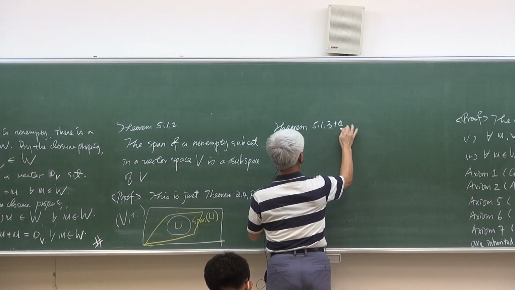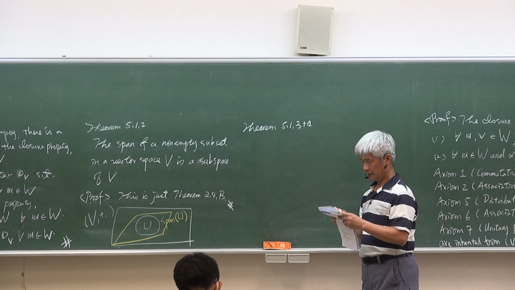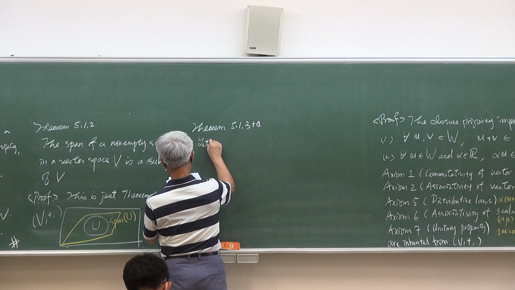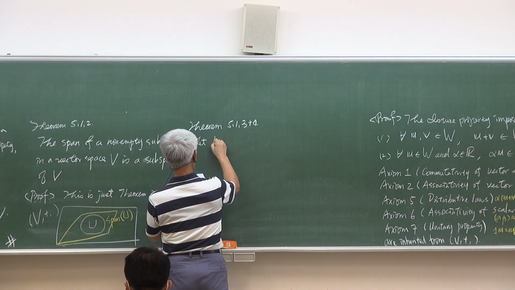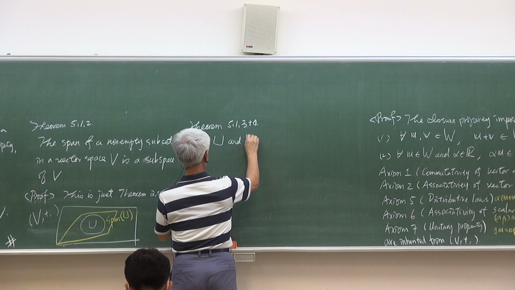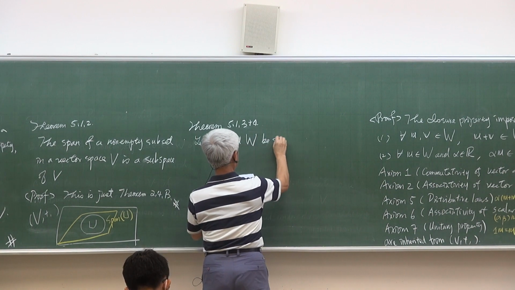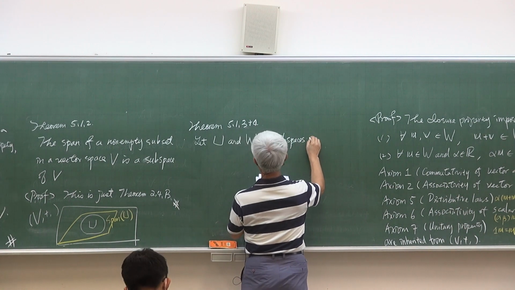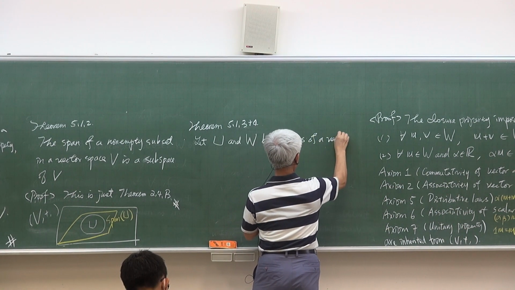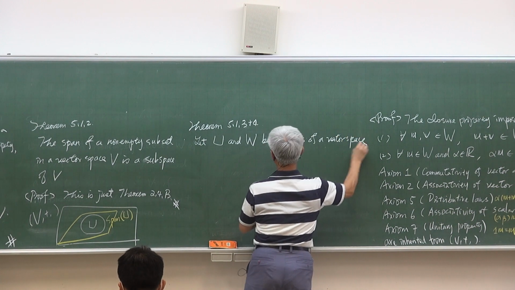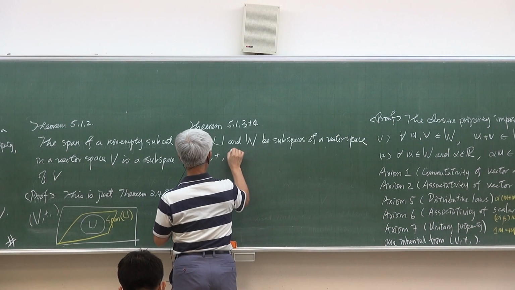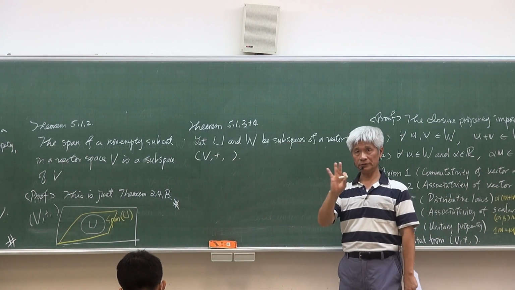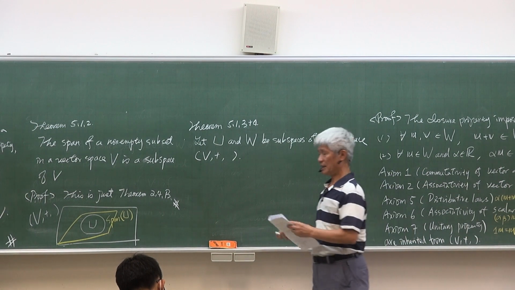So I combine two theorems in the textbook into one. We let U and W be subspaces of a vector space V. Right, so suppose we have two subspaces.